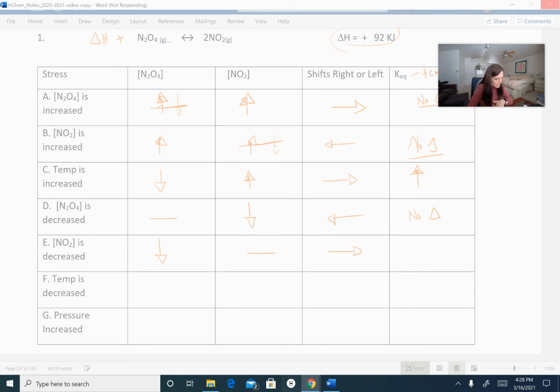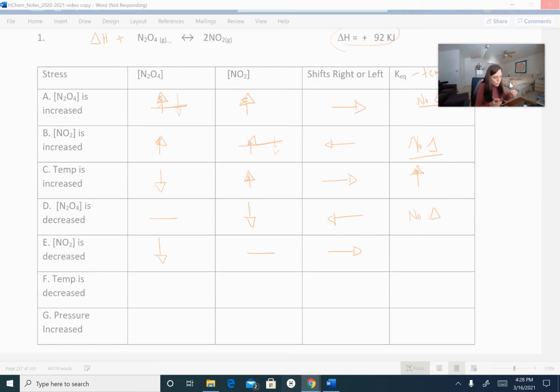Pressure. Let's talk about pressure really quick. So if I look at pressure, I have 1 mole of gas for my reactants, and I have 2 moles of gas for my products. Okay, so if pressure is increased, I want to take as little volume up as possible. So which is going to take up less volume, 1 mole of gas or 2 moles of gas? 1 mole is.